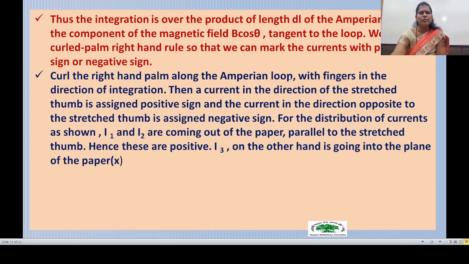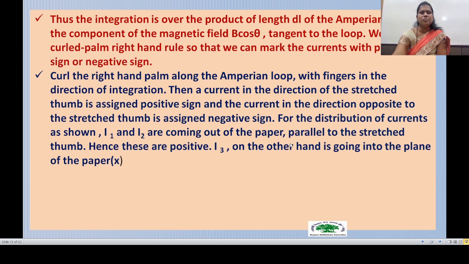Then the current in the direction of the stretched thumb is assigned a positive sign, and the current in the direction opposite to the stretched thumb is assigned a negative sign.